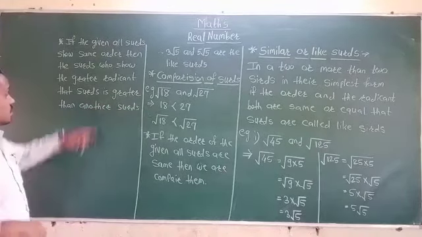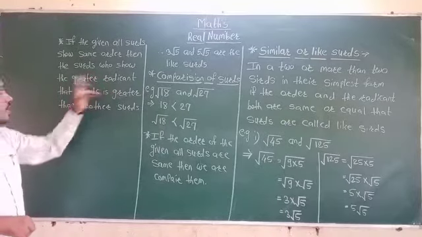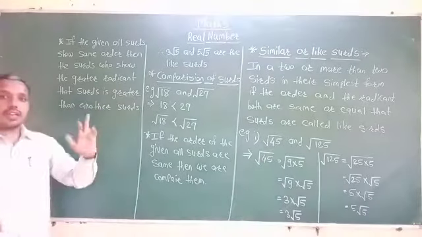If the surds show the same order, and if one surd shows the greater radicand, that surd is greater than the other surd.